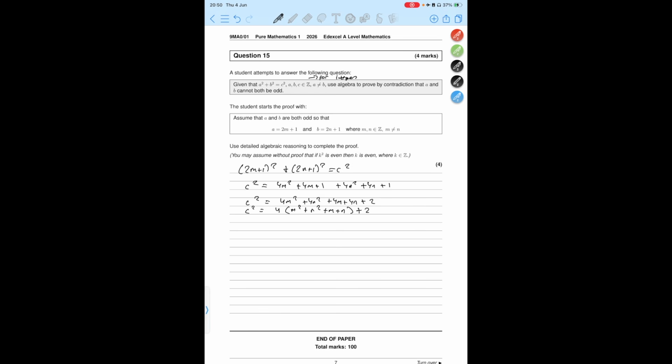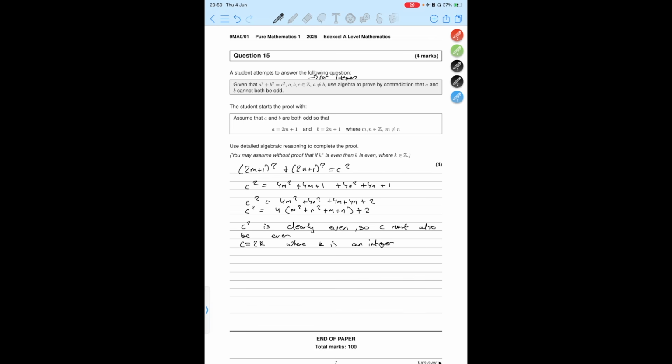Okay, so c squared is clearly even. So c must also be even. So if c is even, we know we can represent that as 2k, where k is an integer.